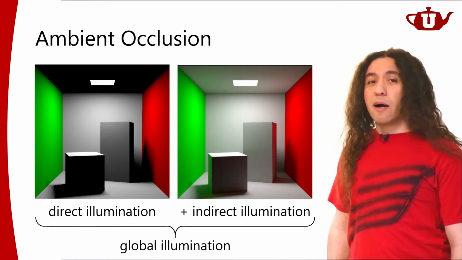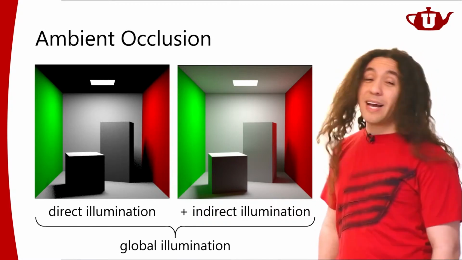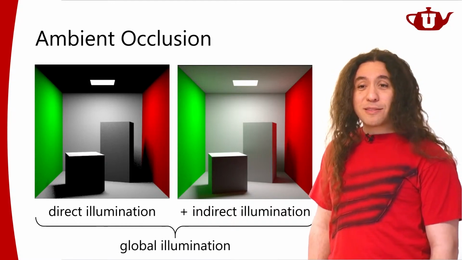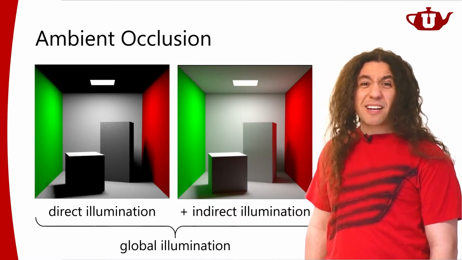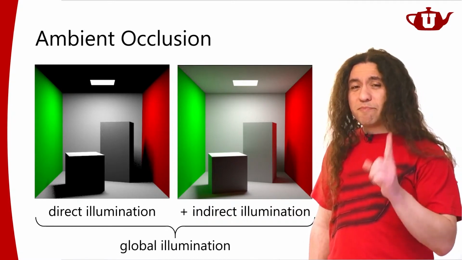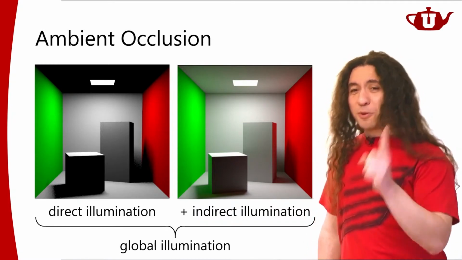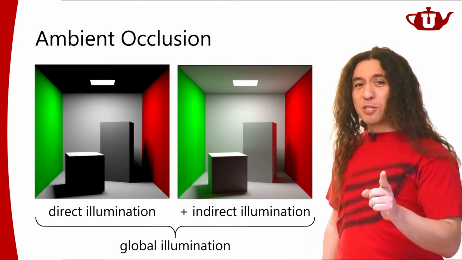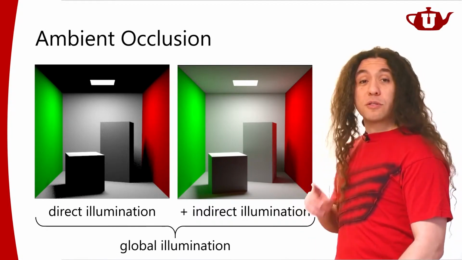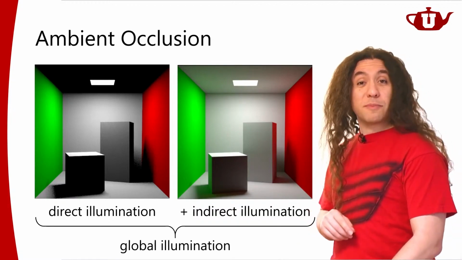Now, you might say, okay, global illumination is so much better, and I think I would agree. It is so much better. And ambient occlusion is not all that great. Well, before you put your judgment on ambient occlusion, let me show you one more thing. Sometimes you might even prefer ambient occlusion to global illumination.